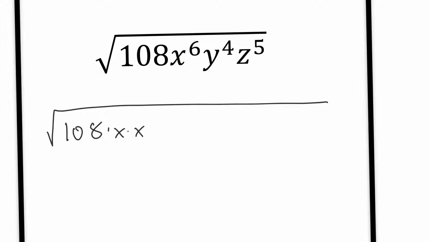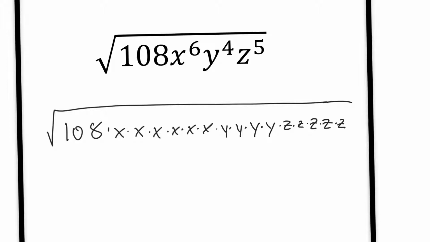So I'm going to have x times x, that's 3, 4, 5, 6, and the y is to the 4th. So I'm going to multiply y by itself 4 times, 1, 2, 3, 4. And the z has a fifth power. 1, 2, 3, 4, 5.